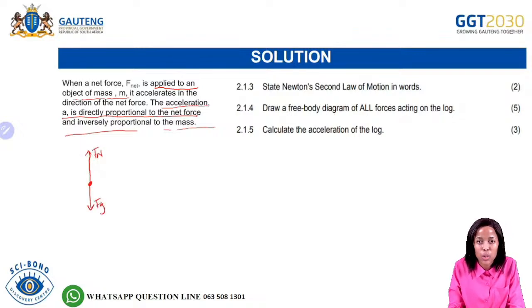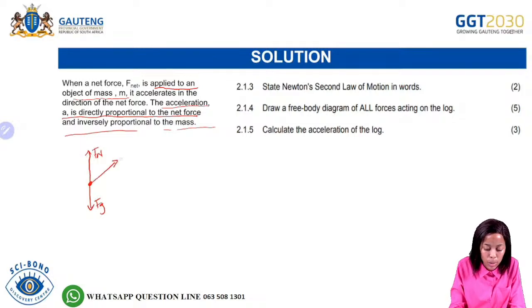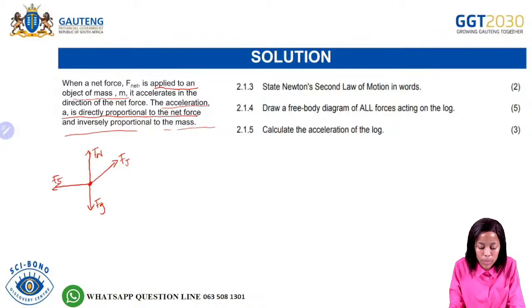Downwards, you'll have your gravitational force, and then you are going to draw it this way to say this is the force applied by Jerry, or on the left hand side, the force applied by Sipho. Or we said that you can draw it in terms of the components, which will also help you whenever you are doing calculations.